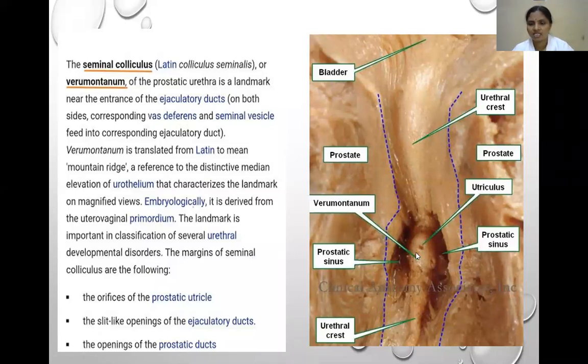Then on either side, along the margins of the seminal colliculus, we can identify two small openings, known as the ejaculatory duct openings. And on either side of the seminal colliculus there is a depression known as the prostatic sinus. Into this sinus, all the prostatic glands open, small ducts representing the openings of the prostatic glands.